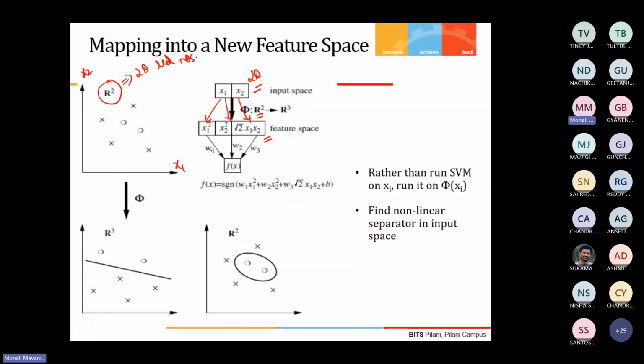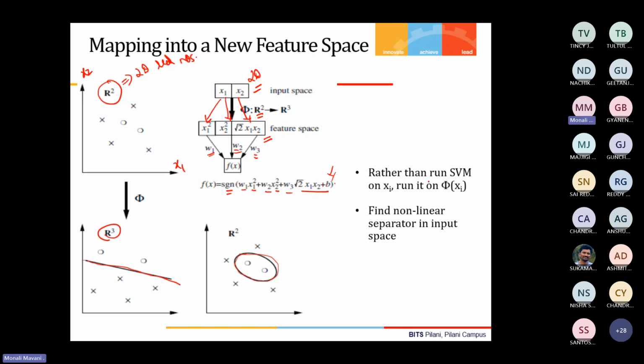With every feature we have the corresponding weight, and the hypothesis function of SVM is sign of W1 X1 squared, W2 X2 squared, W3 times the third feature, plus the bias term. The decision boundary was a hyperbola, and in moving to 3 dimensions we get a decision boundary which is a linear hyperplane. Again, this is 3-dimensional, just shown with the help of 2-dimensional for illustrative purposes.